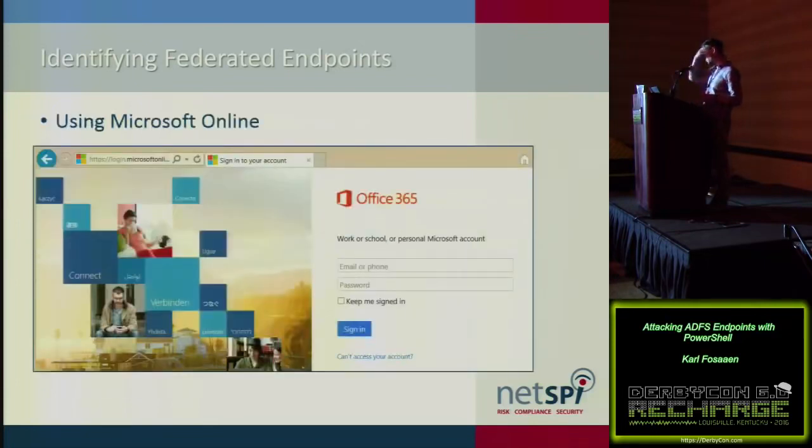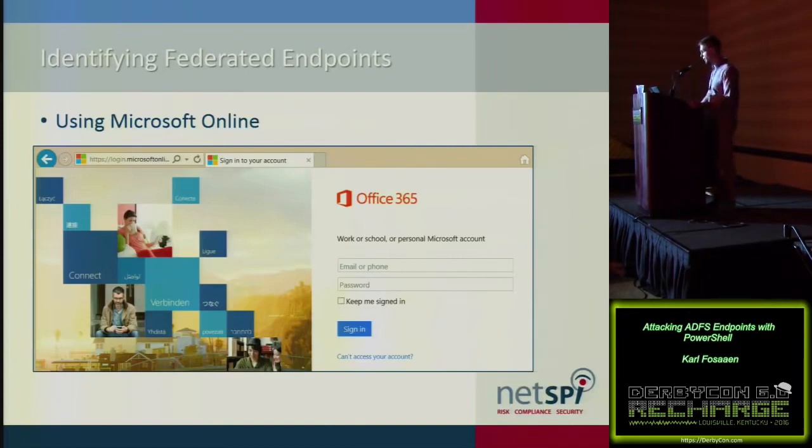So when I said you can just go out to Microsoft to ask for federation info, it's pretty simple. If you go out to login.microsoftonline.com or portal.azure.com or portal.office.com, any of those, you're going to be prompted by a login prompt to log into whatever service you're going to. So here we see Office 365.